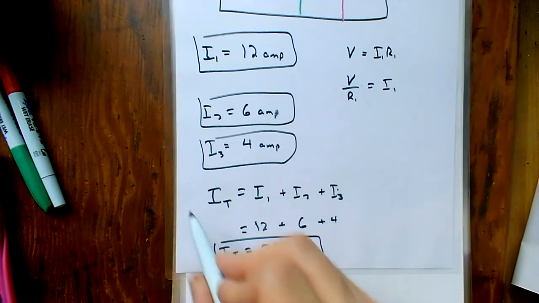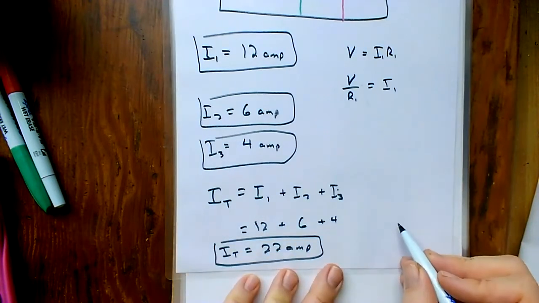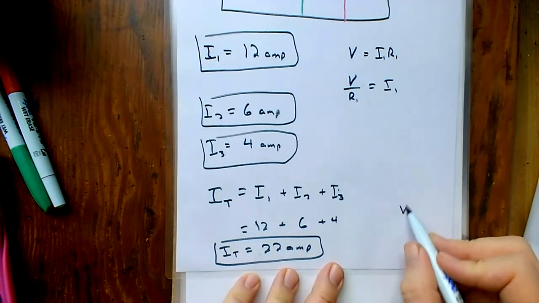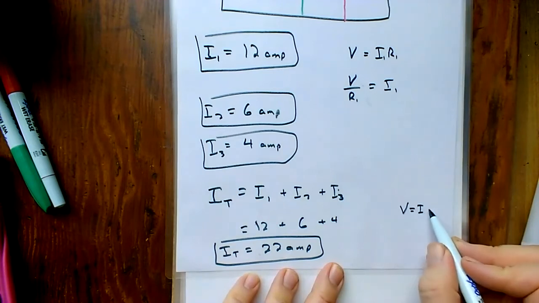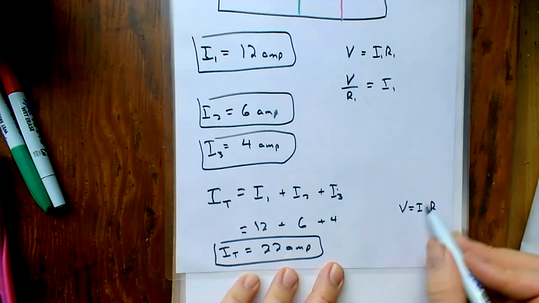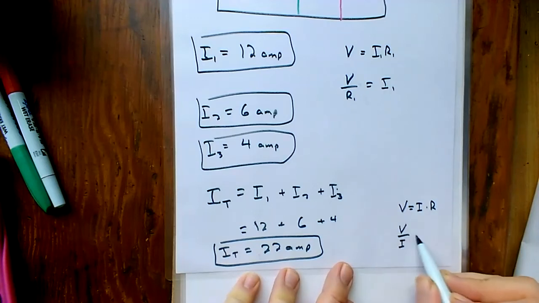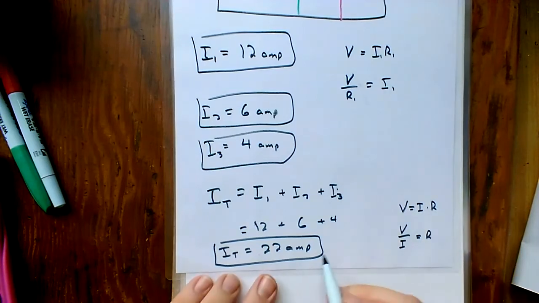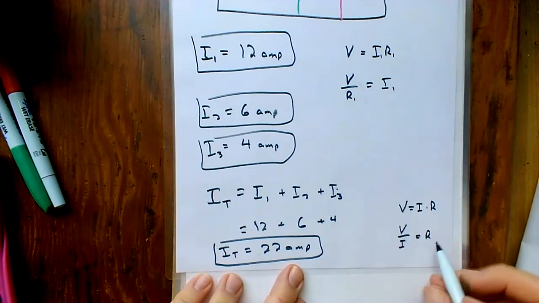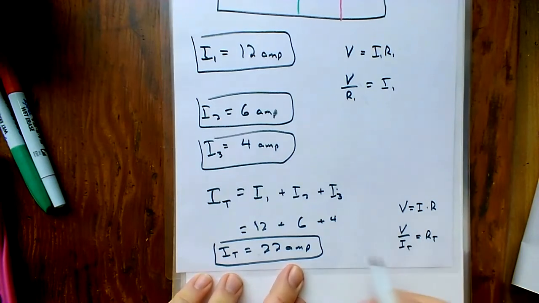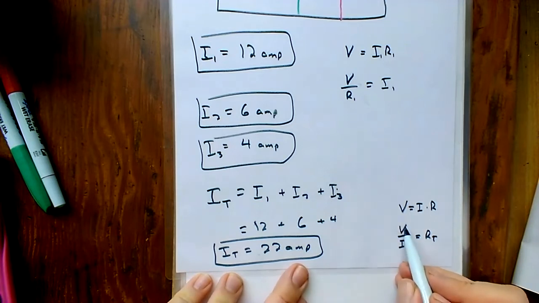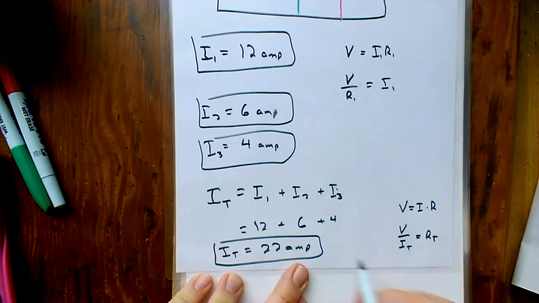And using the same idea, remember, using our Ohm's law, voltage is equal to current times our resistance. If I wanted to figure out what our total resistance is, I could say my voltage divided by my current is equal to my resistance. So I could just as easily take that voltage divided by our total current.